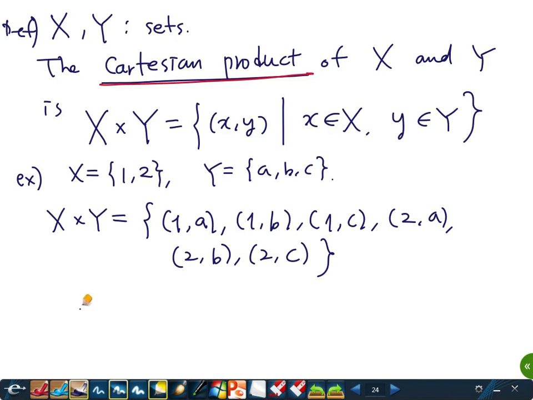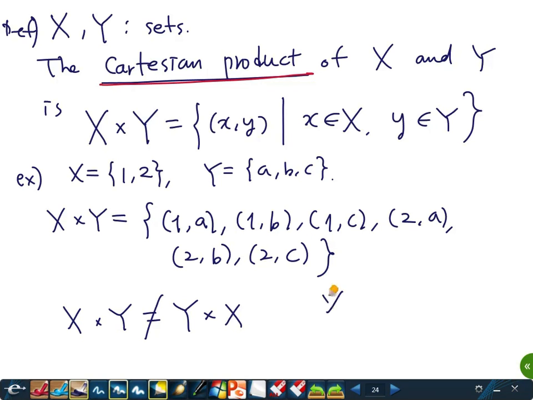Do you think this Cartesian product operation is commutative? Commutative means if you change the order, you get the same thing. In other words, do you think this is true? Yeah, they are different, right? In general, they may be the same if X and Y are special, but in general, they are not equal.